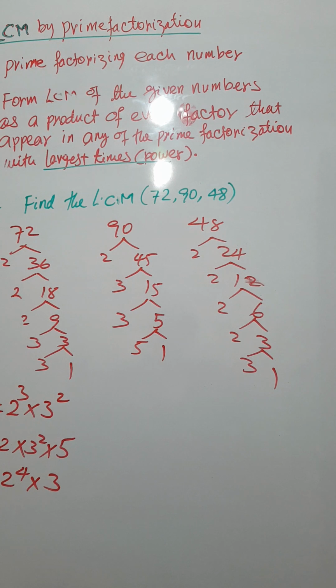Now, this is rule number 1, prime factorizing each number.